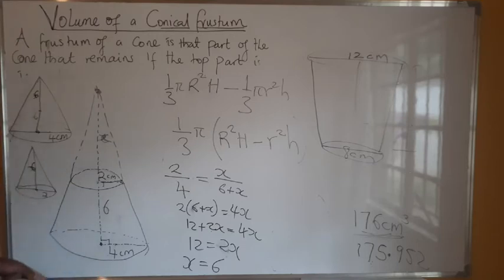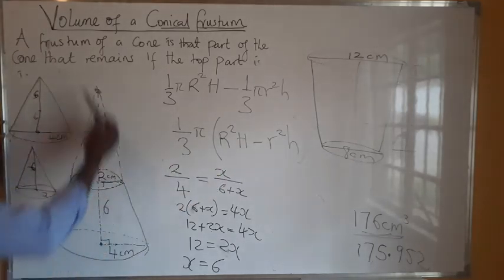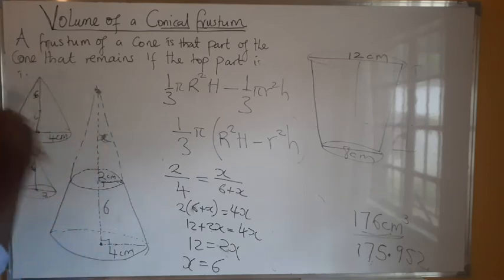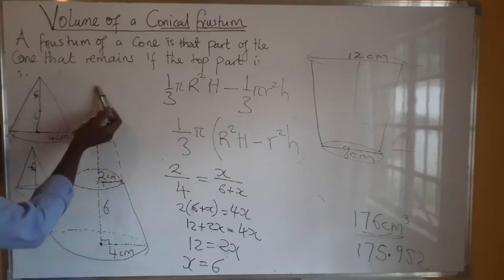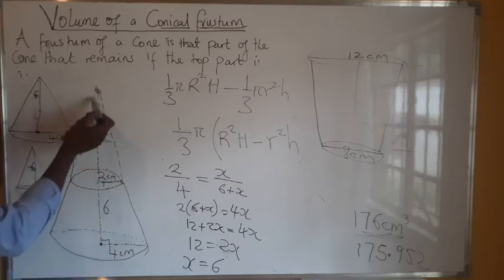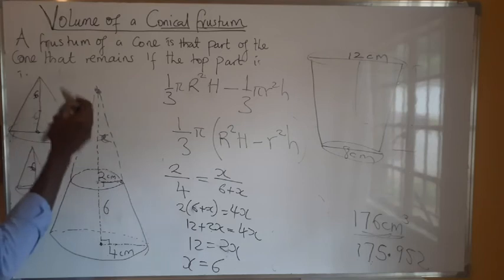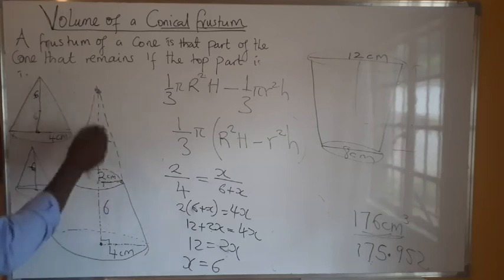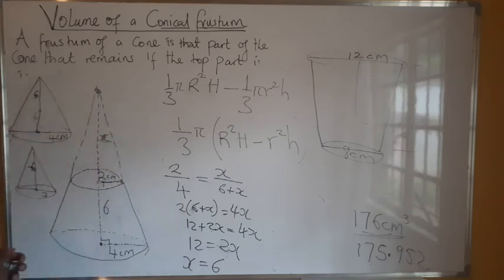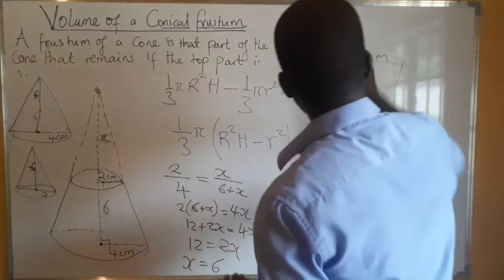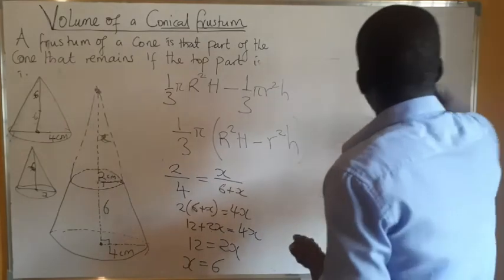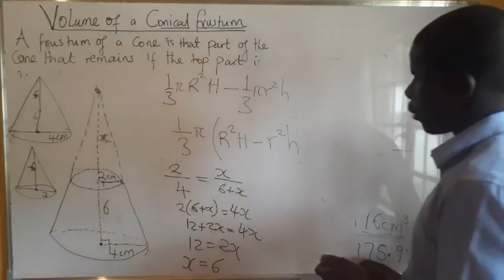So now, after we have done this, we were doing all this so that we get to know the height of the bigger cone, which was not complete, and the height of the smaller cone, which was not there. That is what we're trying to do. We needed to know what these two are. And that is what we have just established, that the height of the bigger cone is going to be 12.